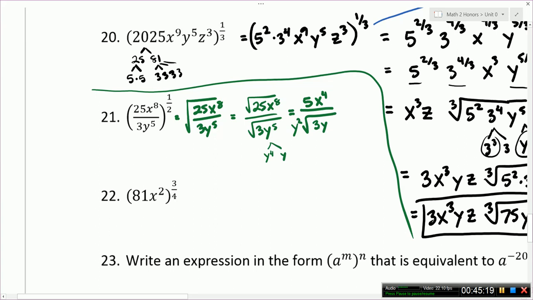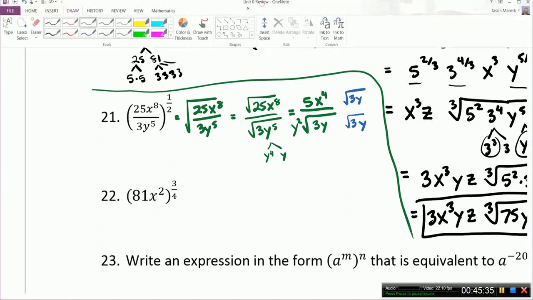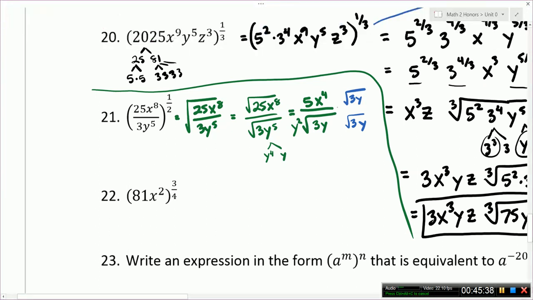I have a square root of 3. I'm going to multiply by another square root of 3. That gives me 2 3's. I also have the square root of y, so I'm going to multiply by another square root of y. Whatever you do to the numerator, you got to do to the denominator to keep the expression equal. So multiply, and you end up with 5x to the fourth times the square root of 3y all over y squared times 3 times y.